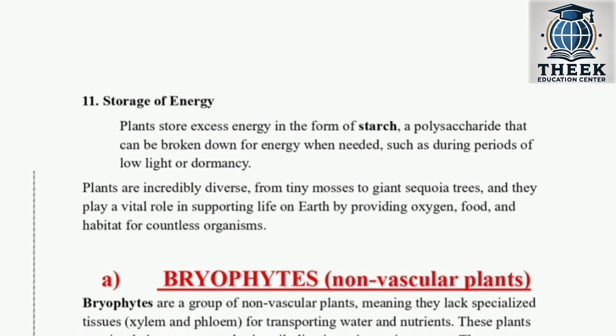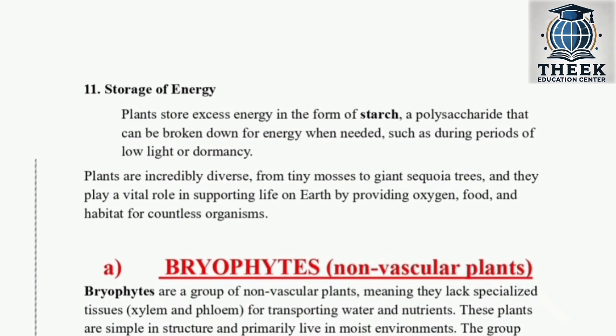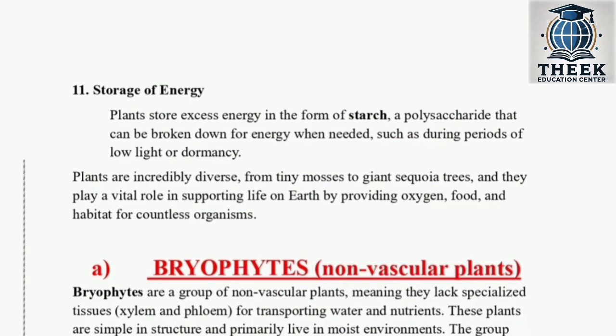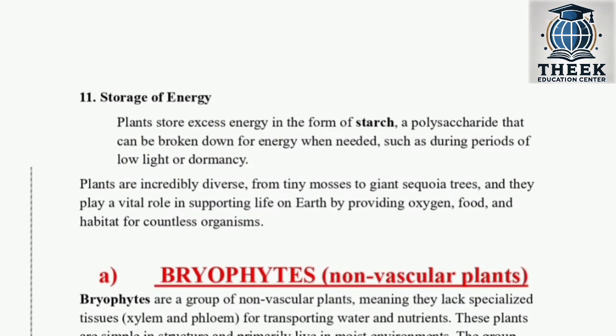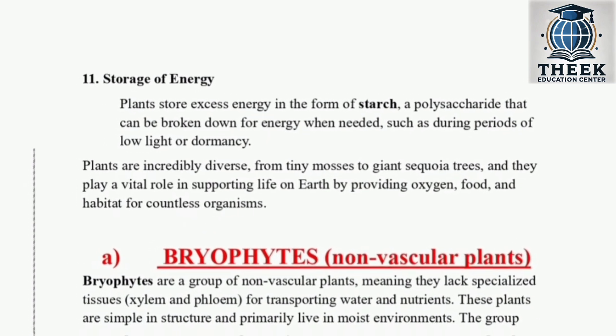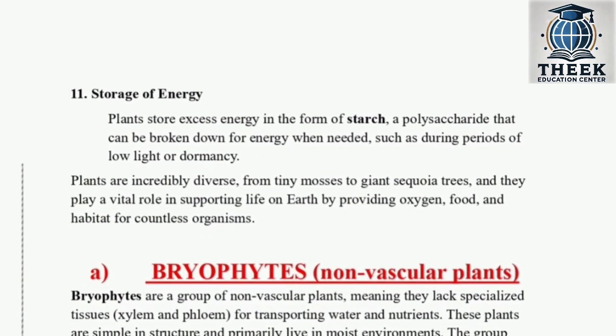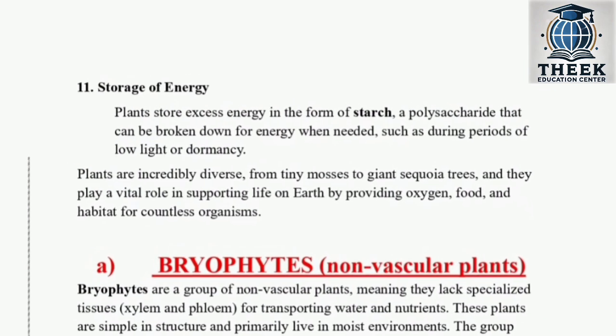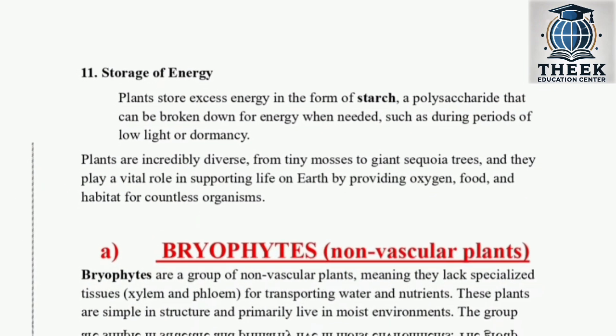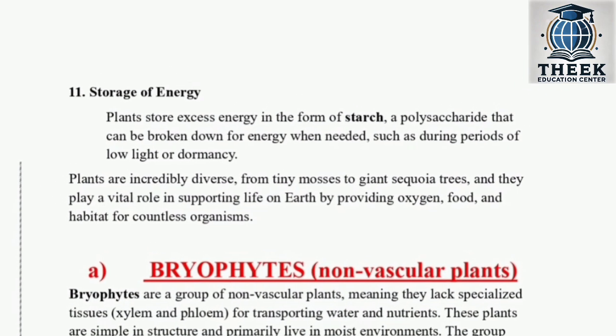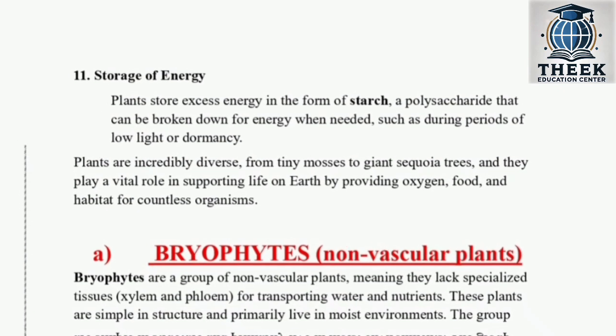When you go and buy maize flour, what is the source of the maize flour? The source is plants. Assuming there is no maize plant, what will happen? There will be no maize flour or ugali.